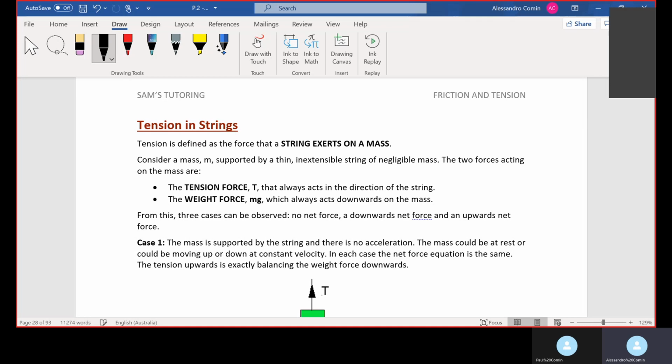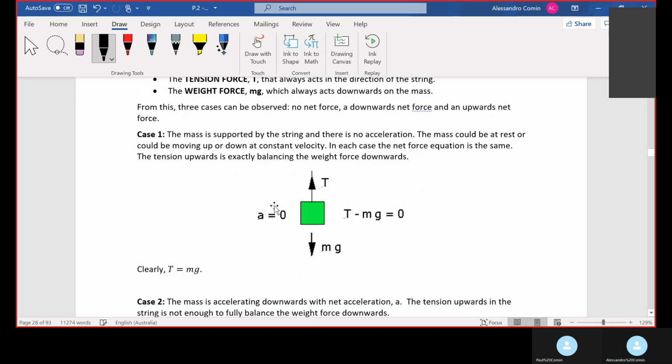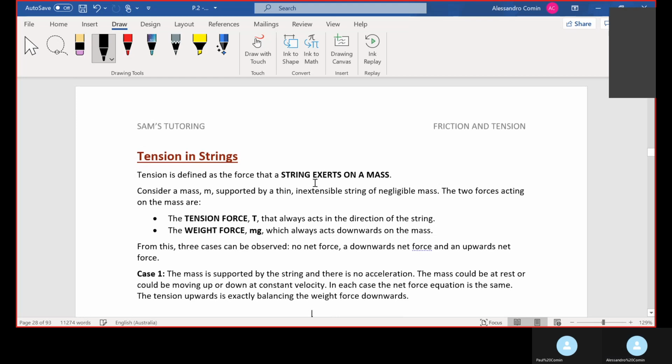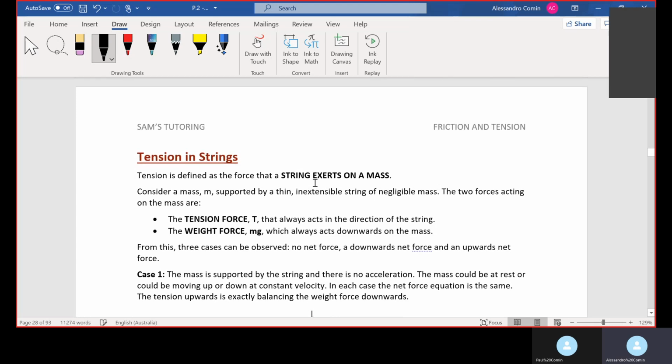Now let's talk about tension. What is tension? Let's say I have a box, and this box is connected to a string that is suspended from the ceiling. Is this box moving? No, it's not. But if we look at the forces on the box, we can obviously see that I'm going to have my weight force pointing down.